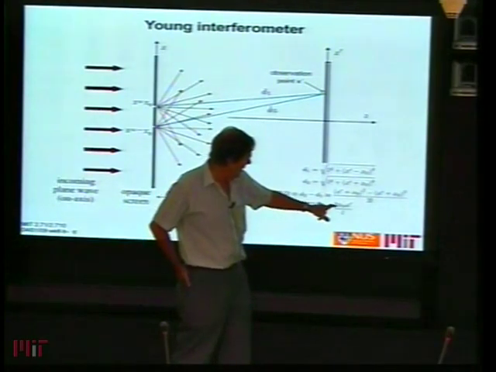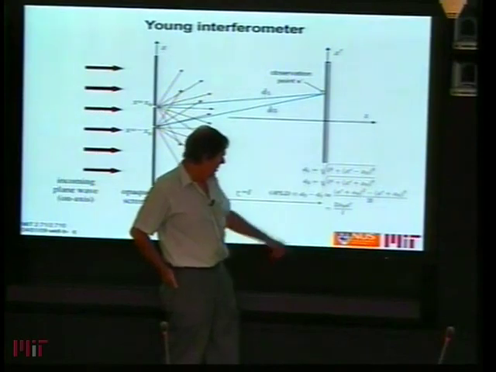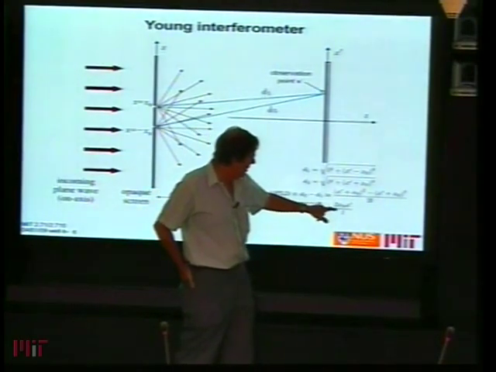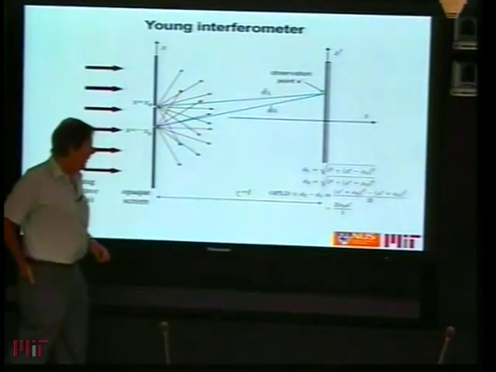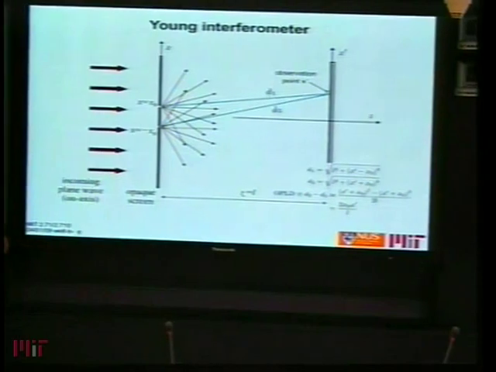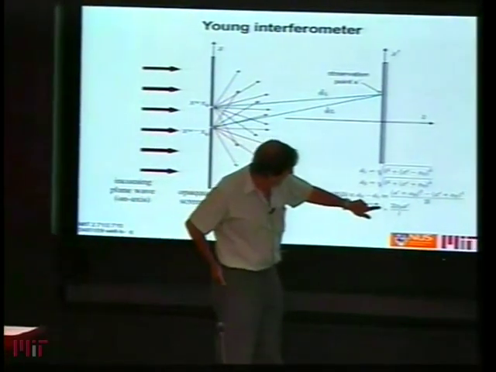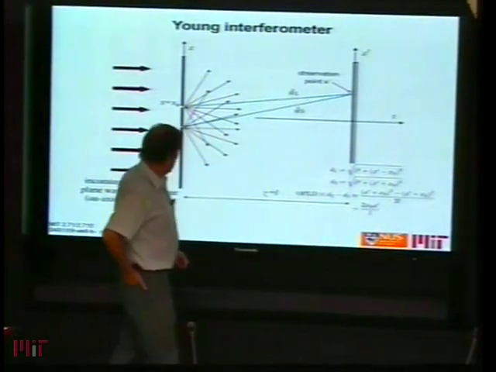And so there's going to be 4x0 x' over 2L. One of the twos cancels, and you get this. So the optical path difference is 2x0 x' over L.